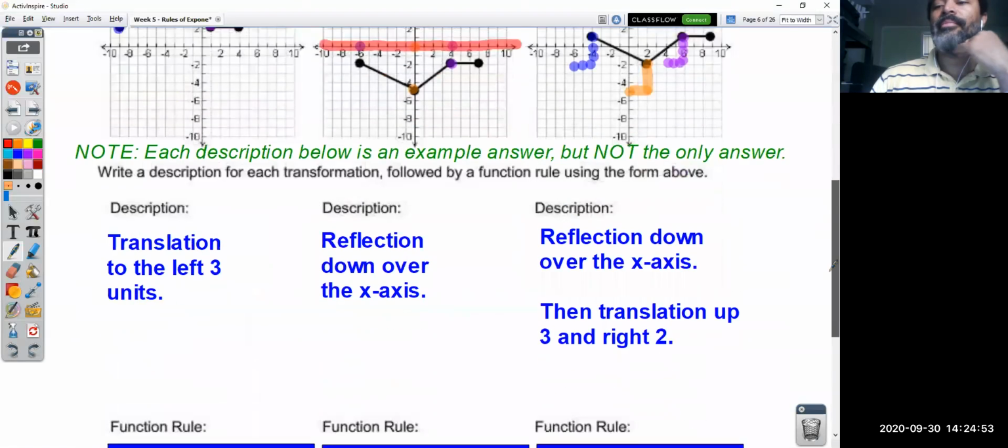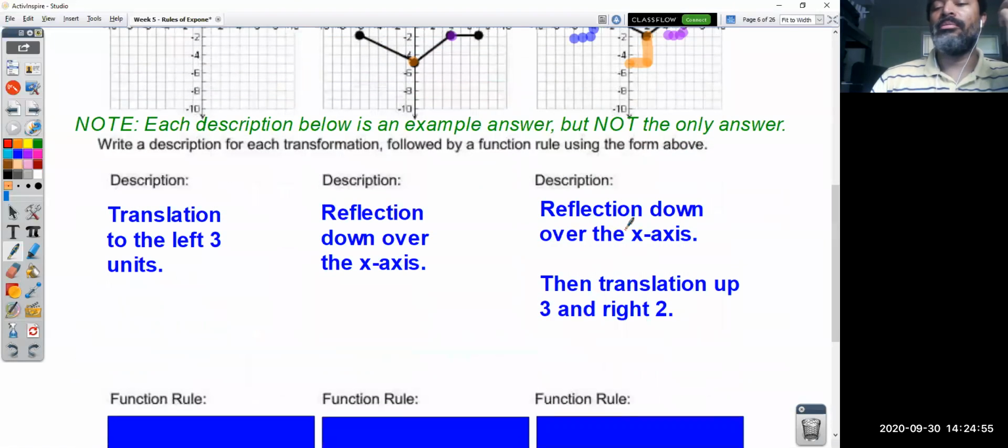Now, because that's a lot to remember, if I reflect first, I have to move the line of reflection before I then move again in that direction. I'm just going to say, do the reflection first if there's a translation in that direction. So if there's a reflection in the y direction and there's a translation in the y direction, do the reflection first. That way you don't have to worry about moving the line of reflection.